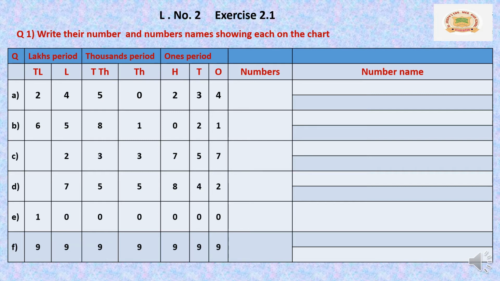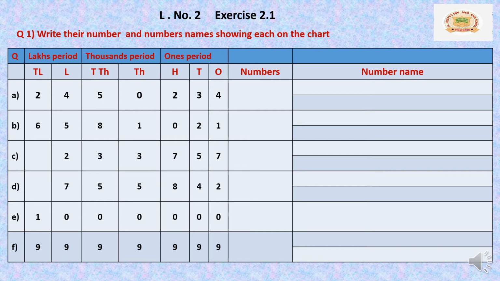Now let us write the number. In the first question, in the lakhs period we are having 10 lakhs place 2, lakhs place 4, 10,000s place 5, thousands place 0, hundreds place 2, tens place 3 and ones place 4.